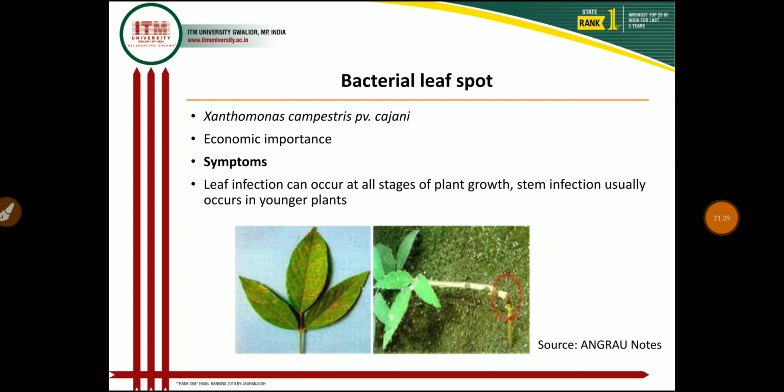And in symptoms, leaf infection can occur at all stages of plant growth, and stem infection usually occurs in the younger plants. And in India, the disease usually appears in the rainy season during July and August.